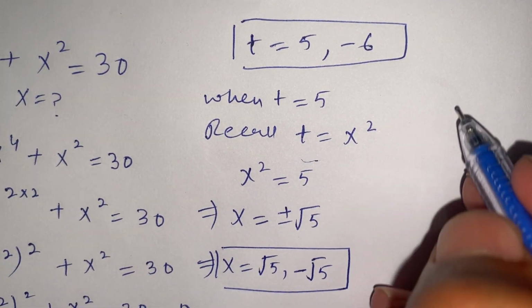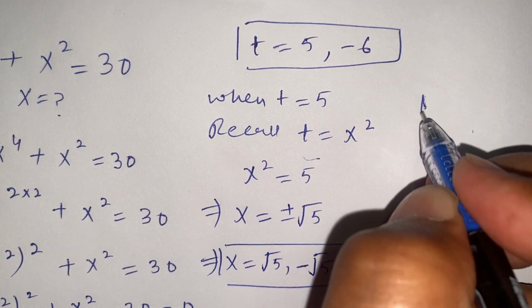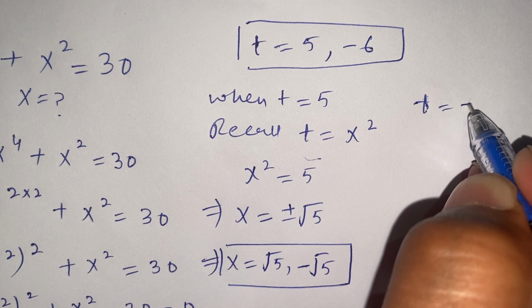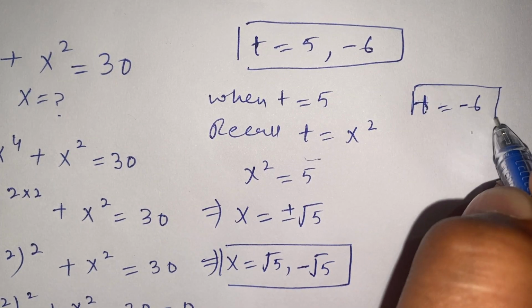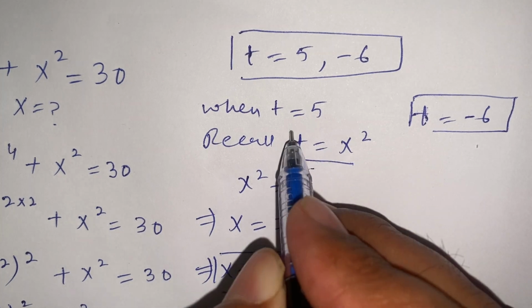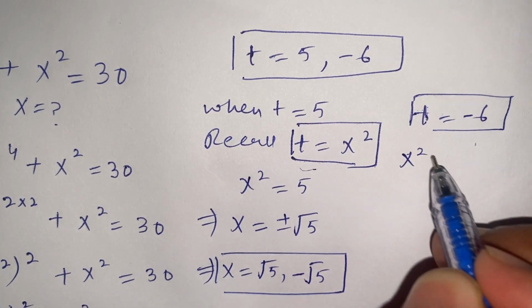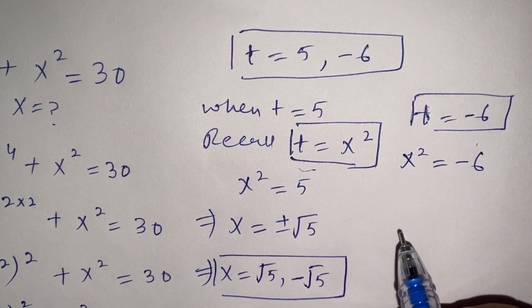Now when t is equal to minus of 6, but t is equal to x square. Now in place of t we substitute x square, we get x square is equal to minus of 6.